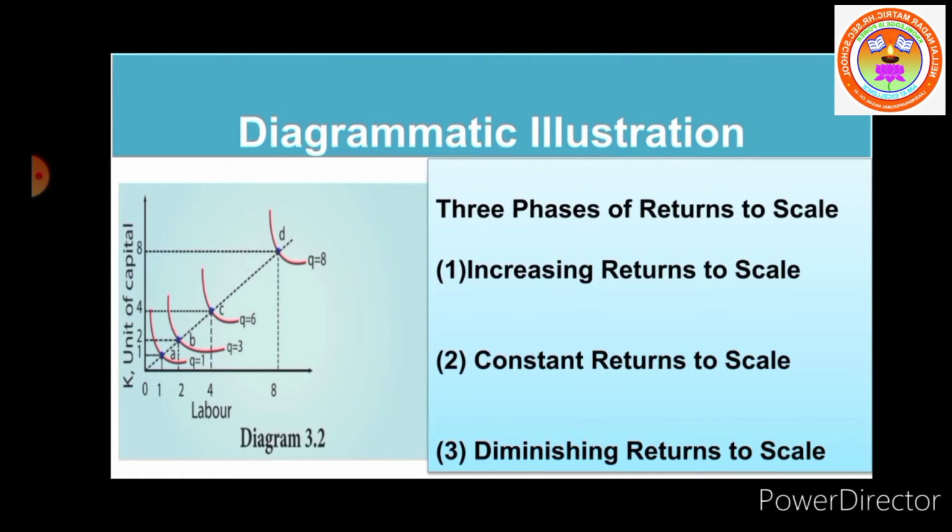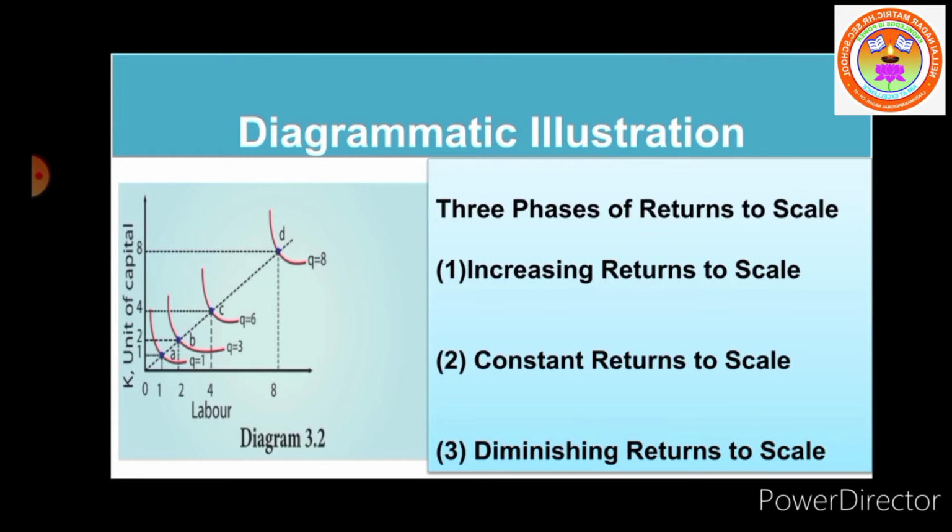The law of constant returns to scale is implied by the movement from point B to point C, because between these 2 points inputs have doubled and output also has doubled.